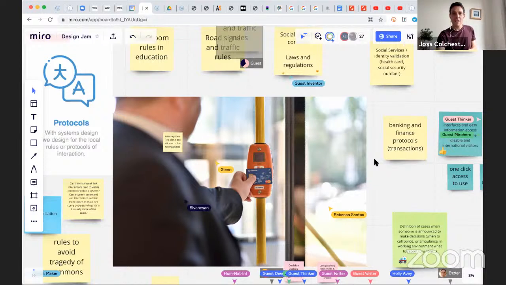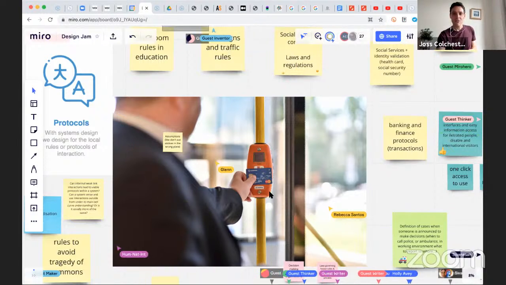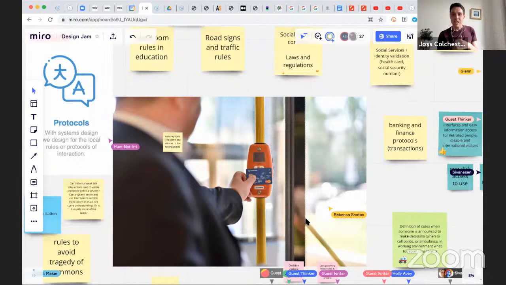It's the rules of how things are going to work around here, that you can't just jump off that bus and that this thing's going to talk to that thing and how everything's interacting. It's key to shaping everything, really, but it's not what we see. It's not so visible. Anybody want to talk on these pink ones down here?